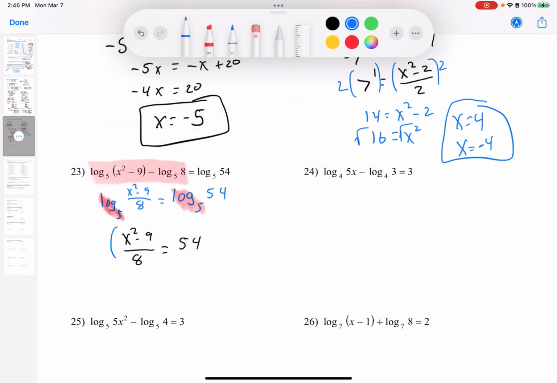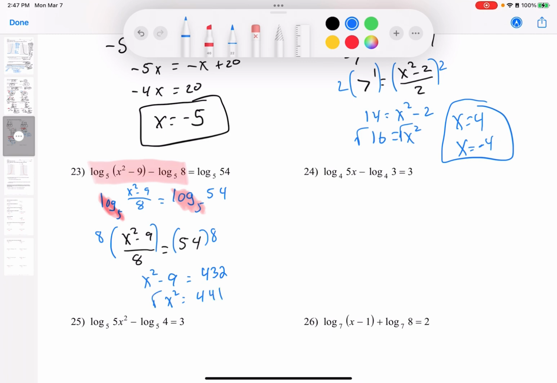Multiply both sides by 8 to get rid of the fraction. So that's x squared minus 9 equals 54 times 8, which I have no idea what that is, 432. Add 9 to that. x squared equals 441.